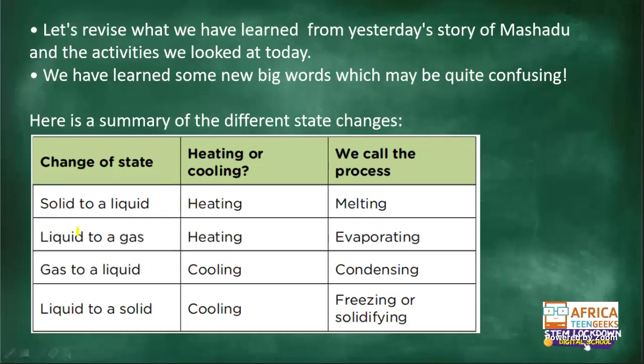If something will change from a solid to a liquid, we call this process melting. Okay. We can change a liquid to a gas by heating, and we call that evaporating or evaporation.